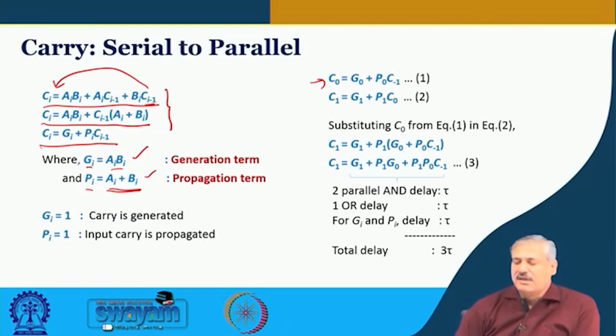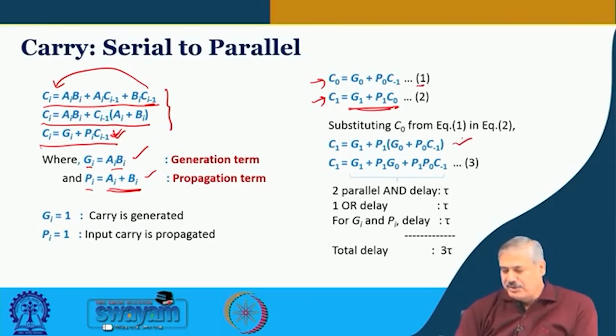Otherwise, if it is in cascade, something will come from the previous stage. And C 1 is G 1 plus P 1 C naught, the basic equation, this equation only we are employing. So, this C naught we can substitute from equation 1 in equation 2. So, that is what we are doing here.